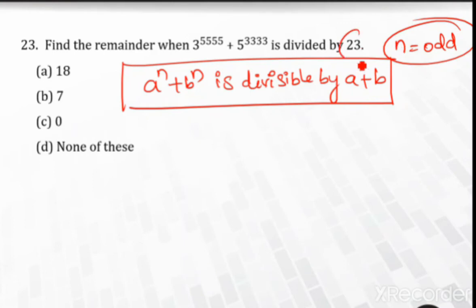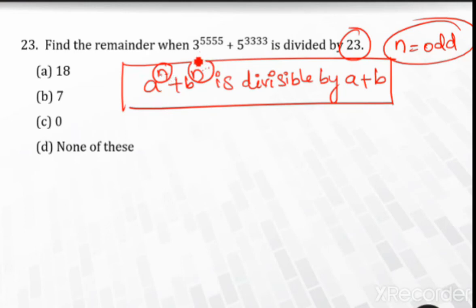Divided by 23. 3 square is not possible. Can I write it as 3 power 5 whole power 1 and 5 cube whole power 1? n must be the same.